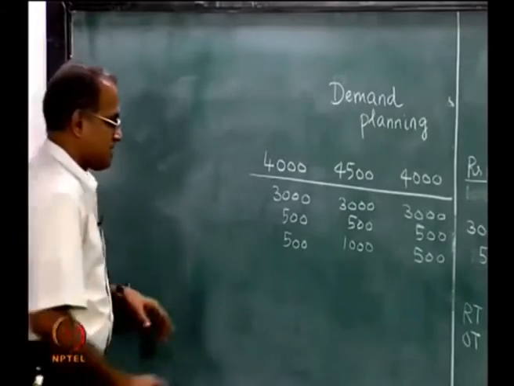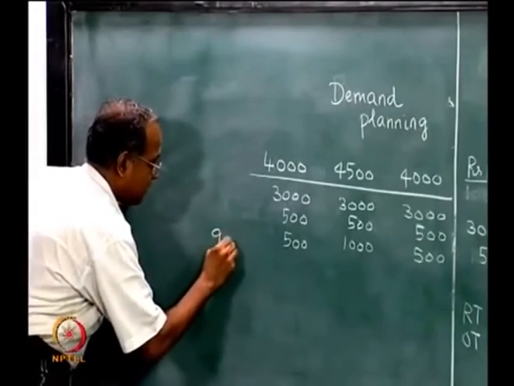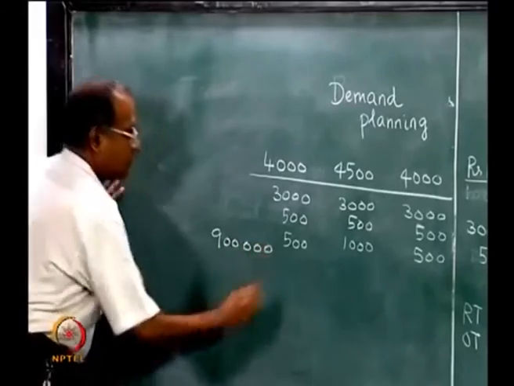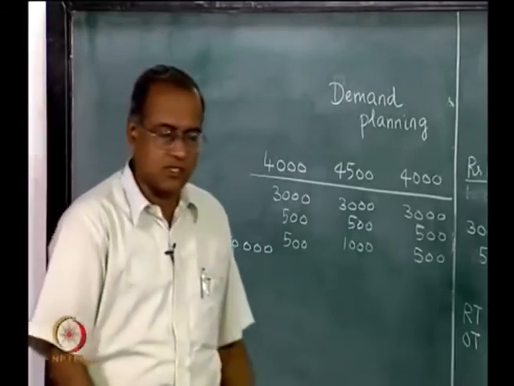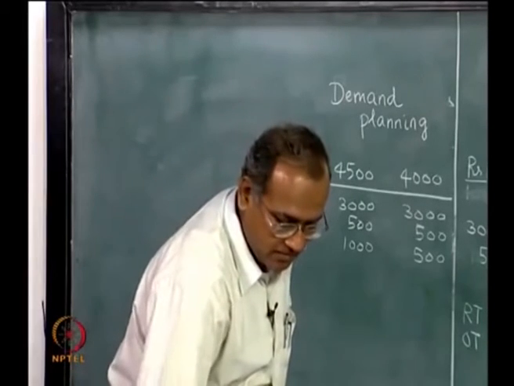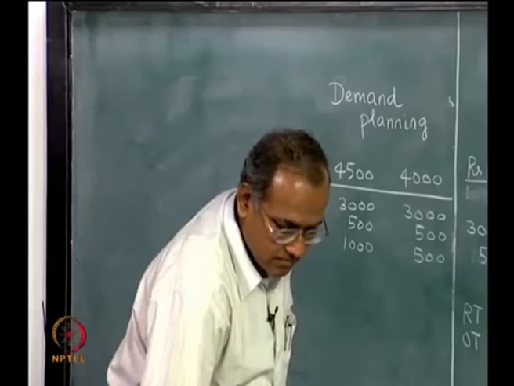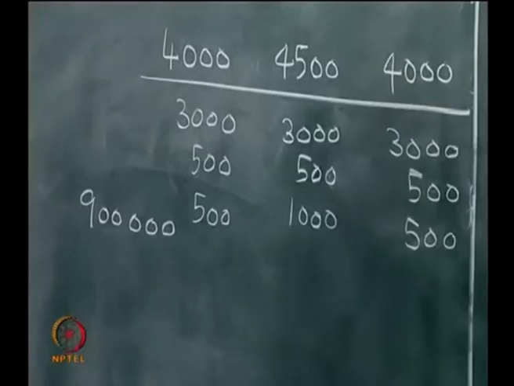So, the regular time cost will be 900,000, the total overtime cost will be 1,500 into 120, which is 180,000.